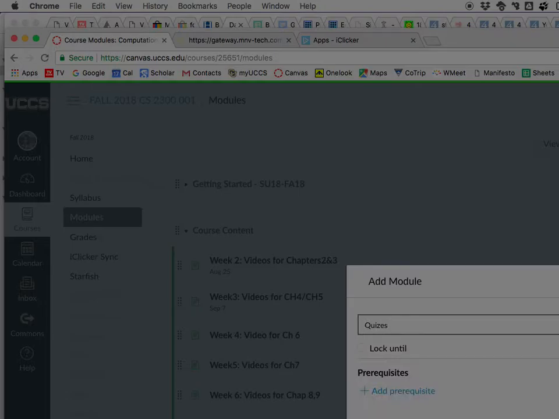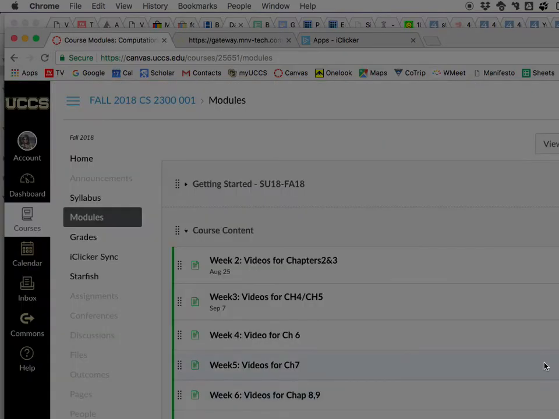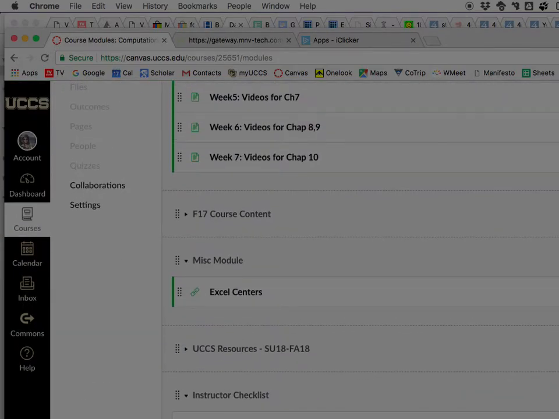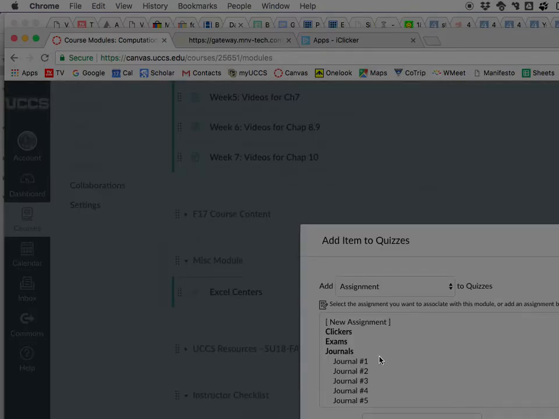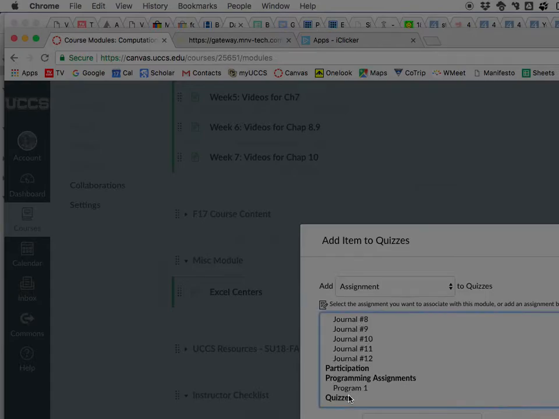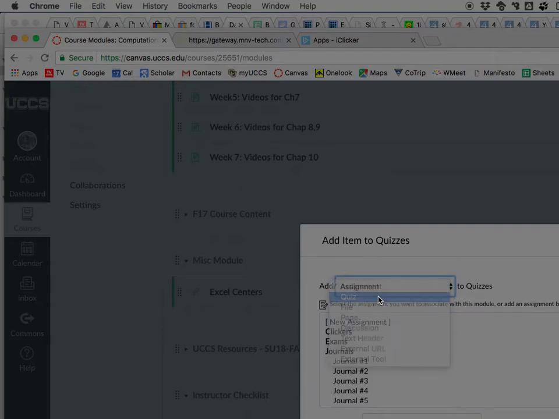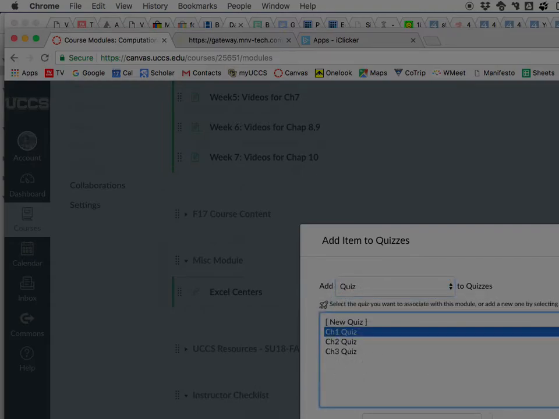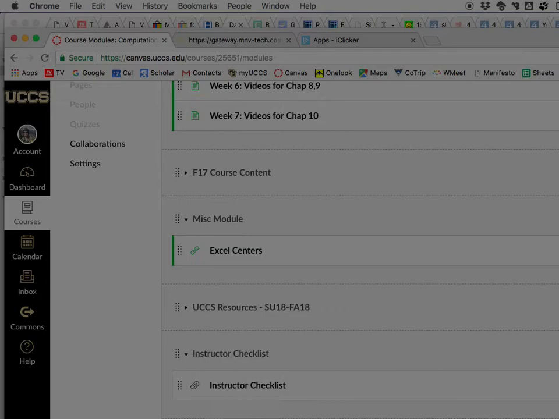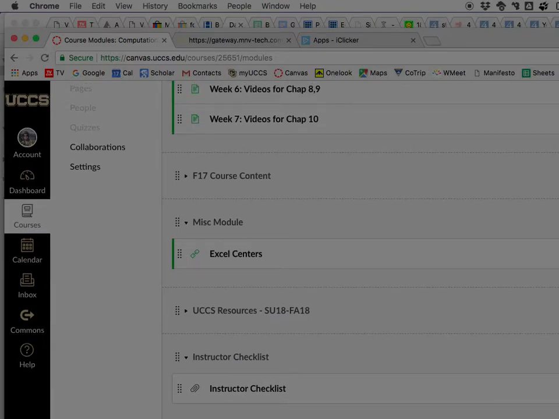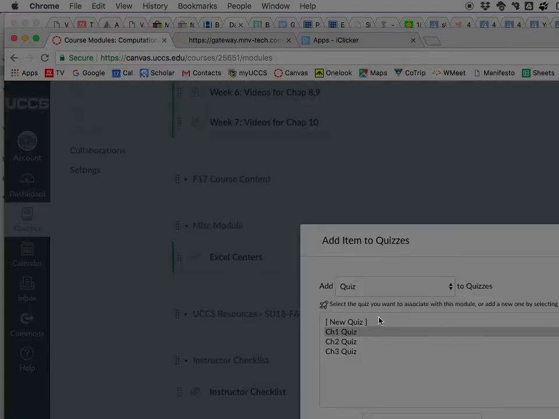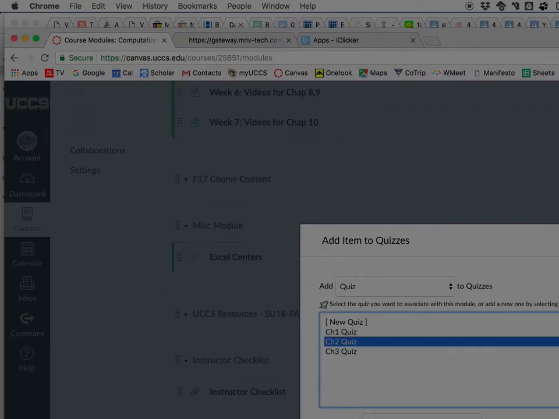Yes. Oh, okay. So instead of going to modules, if I go to grades, I can choose to take the quiz. I'm not going to click on that yet because I'm not ready to. But I think I can take it. And I'm adding them to modules now. Oh yeah. See that?